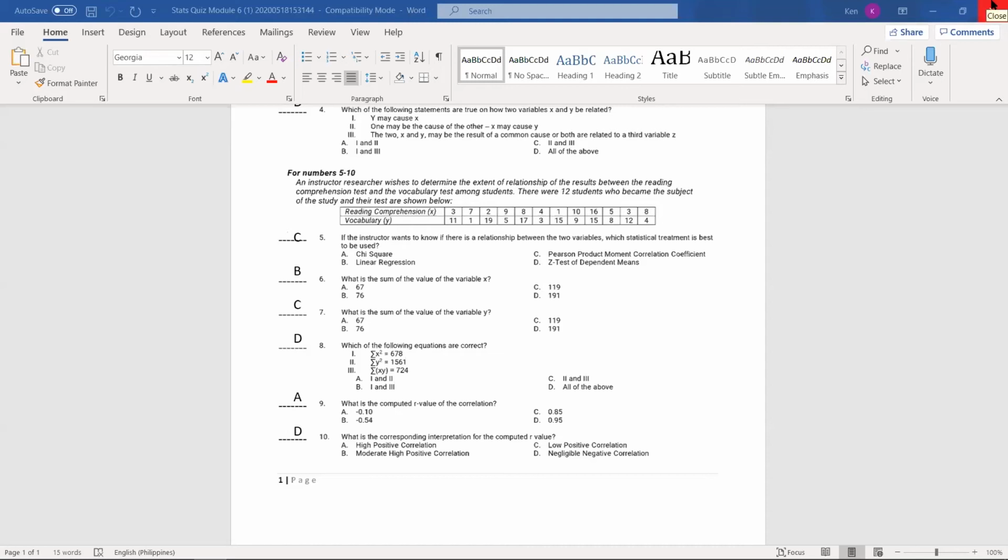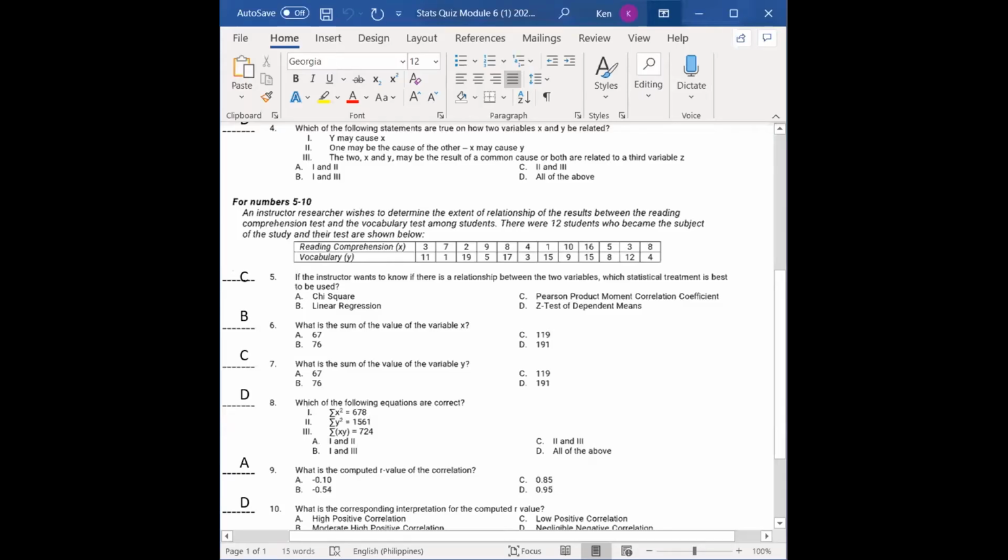Number 9. What is the computed R value of the correlation? So, yung sagot natin dyan is A, negative 0.10. Ang nangyari kasi sa solution, di ba, kukunin muna natin yung sa X values tsaka sa Y values. Ang given kasi sa X values is yung summation of X values is equals to 76, di ba?